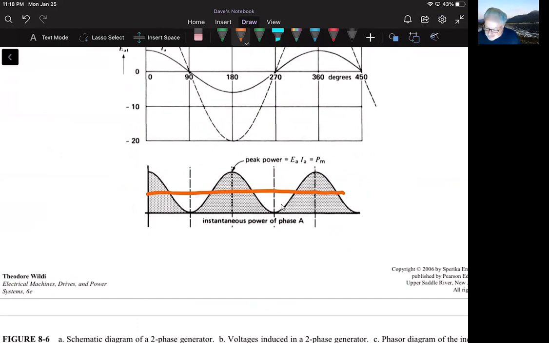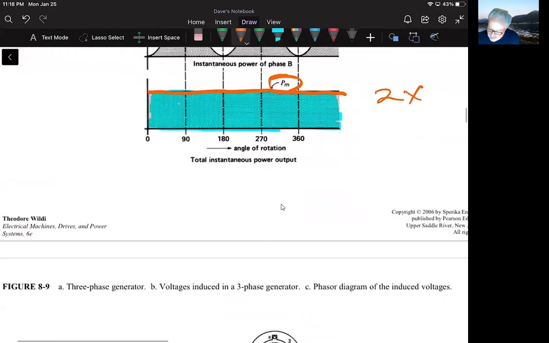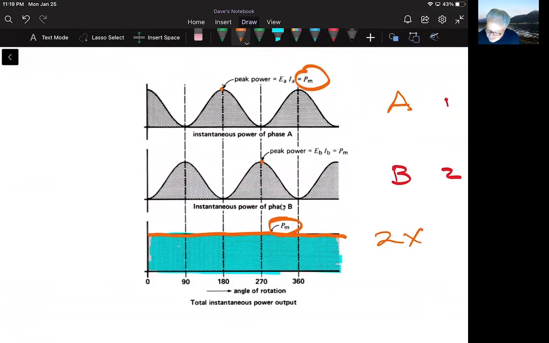This is instantaneous power, but the average power for this would be half of the peak. Now we added a coil, and the average power is equal to the peak. So we've doubled the amount of power by just adding an extra winding. Not much cost in doing that.